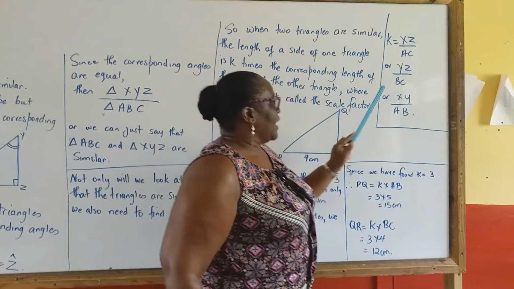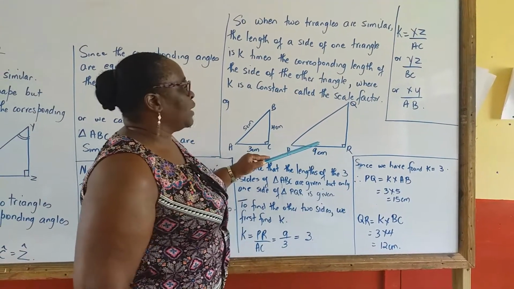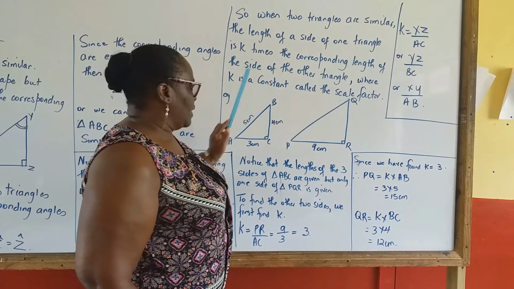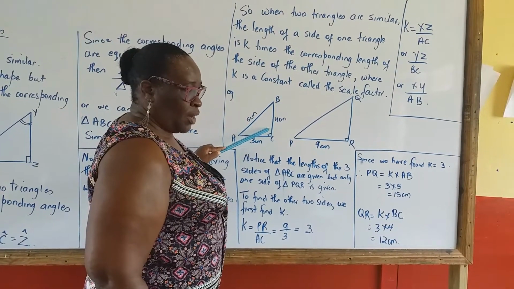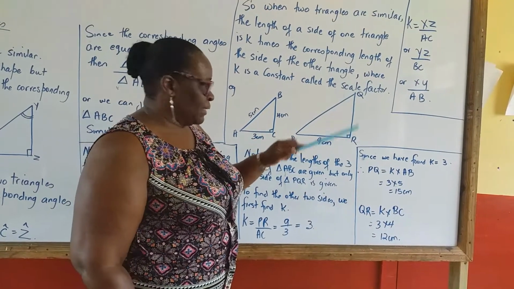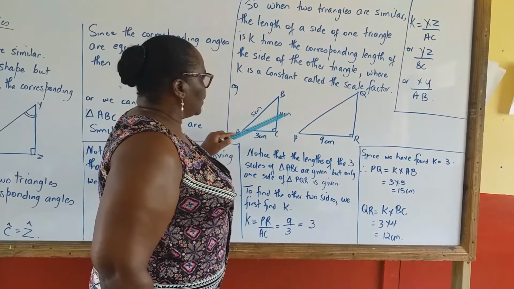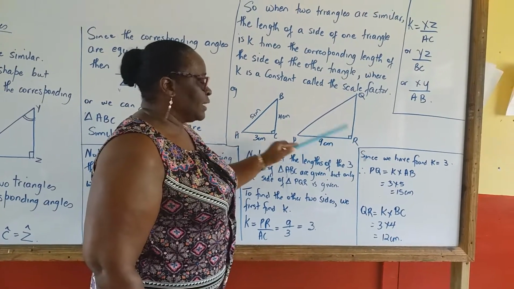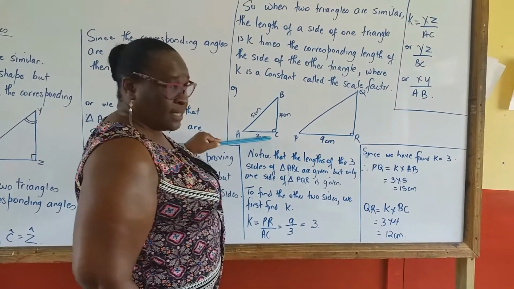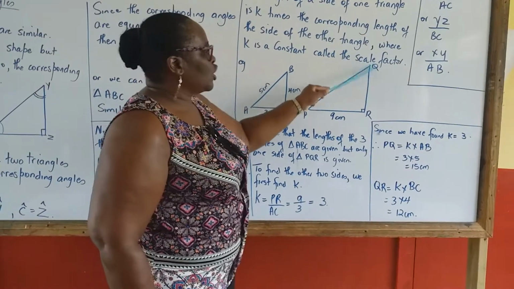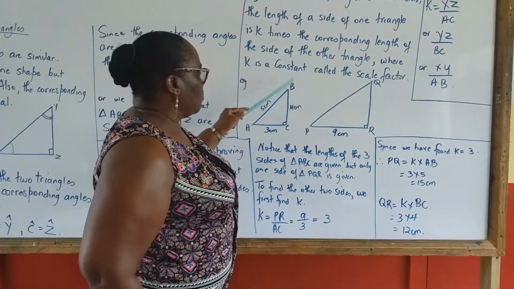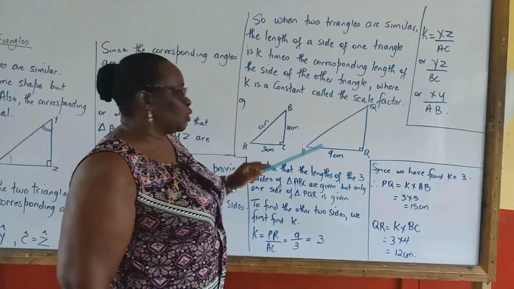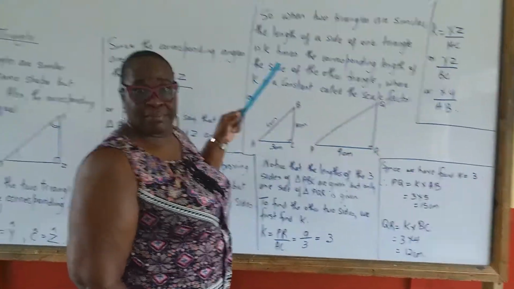To find k, it has to be the corresponding side of the bigger triangle over the smaller triangle. Let me say it in layman's terms. Side PR corresponds to AC, side QR corresponds to BC, and side QP corresponds to AB.